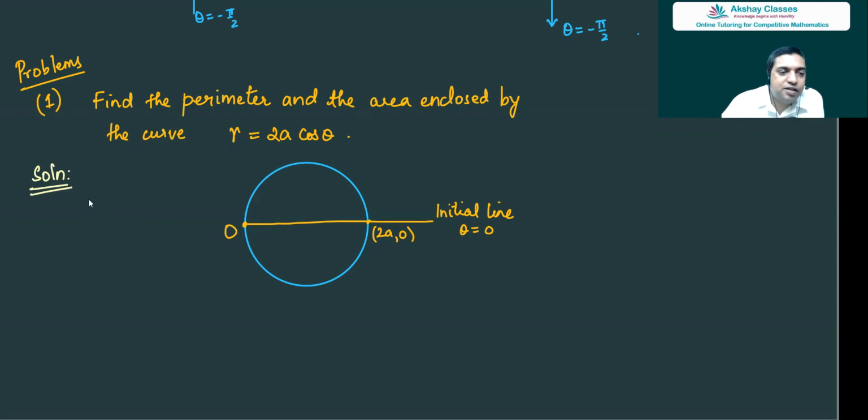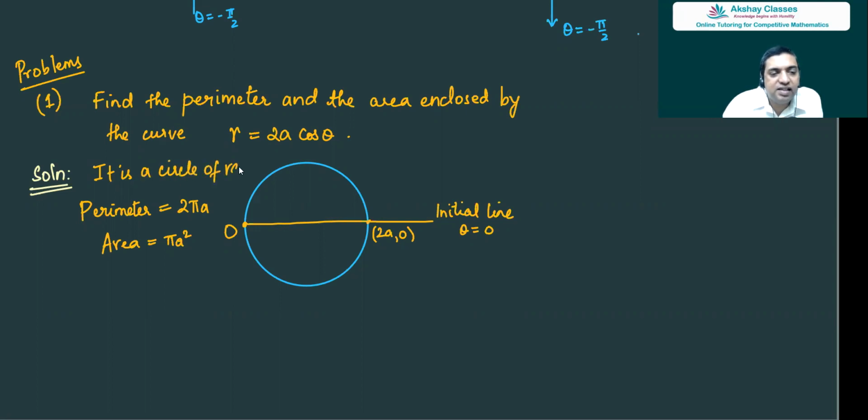Answer: perimeter is 2 pi A. Area is equal to pi A square, because this curve is a circle of radius A. Solved. Problem is solved.